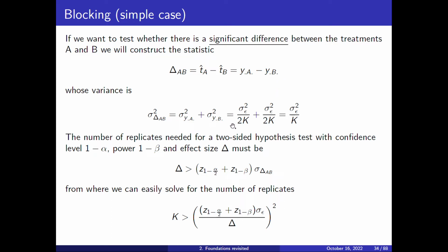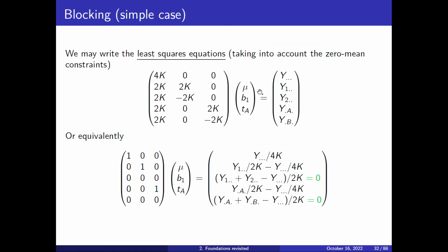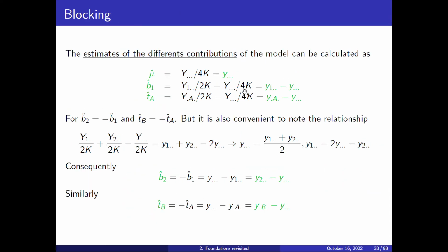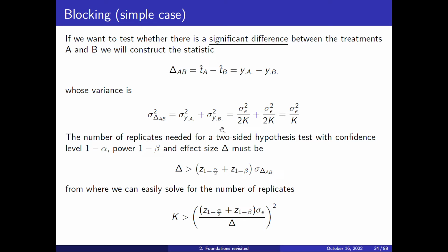So each one of the measurements has a given variance. So this is the variance of the residuals. But because in A you are measuring 2k individuals, and this 2k comes from block 1 that has k and block 2 that also has k, you will be dividing by 2k, and the same for B.